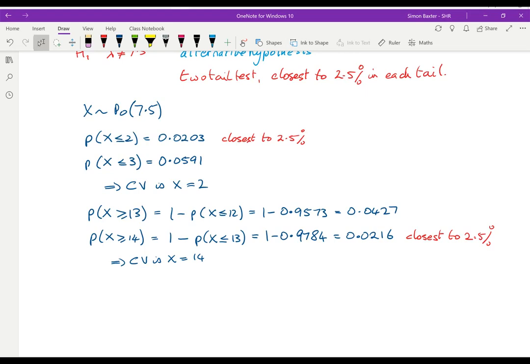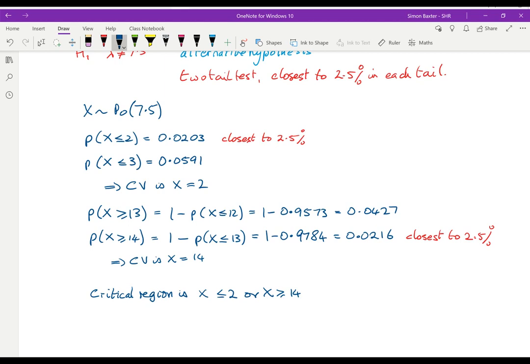Critical region is what we were asked for. And so the critical region is X less than or equal to 2 or X greater than or equal to 14. Remember, we always go less than or equal to or greater than or equal to.